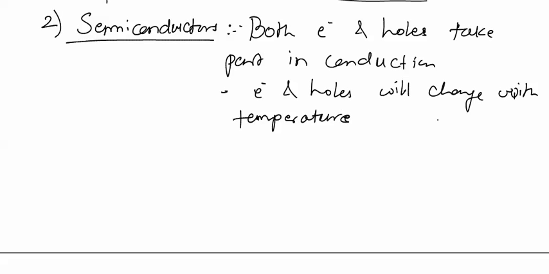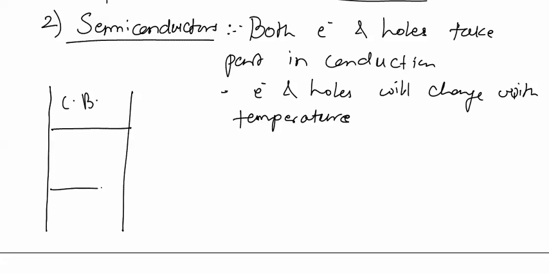In case of semiconductors, the energy band diagram consists of all three bands: conduction band, valence band, and a band which is separating both, called the forbidden band.